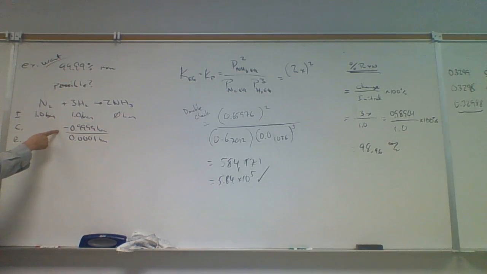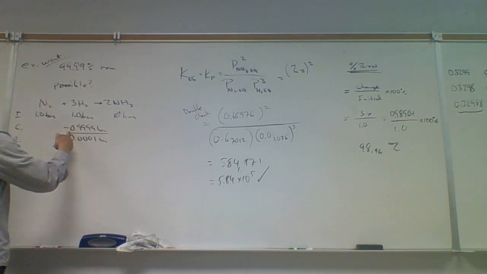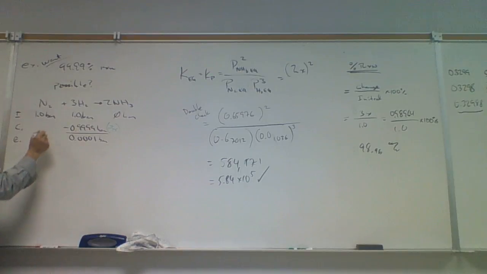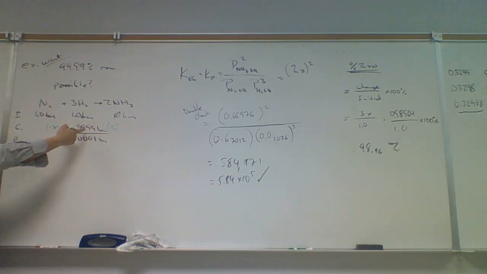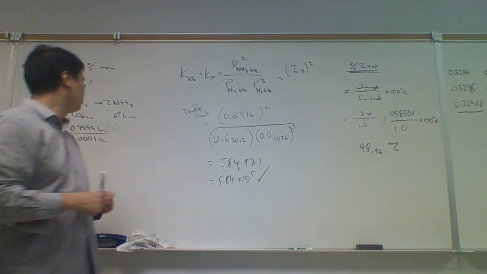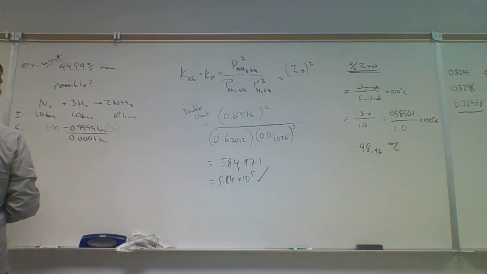When I know the number, I call it a y rather than an x, because I know what the number is. This is the same thing as minus 3x, and therefore this is minus x because of the coefficients. So you're absolutely right, it would be 1/3 of this change. What is 1/3 of 0.9999?